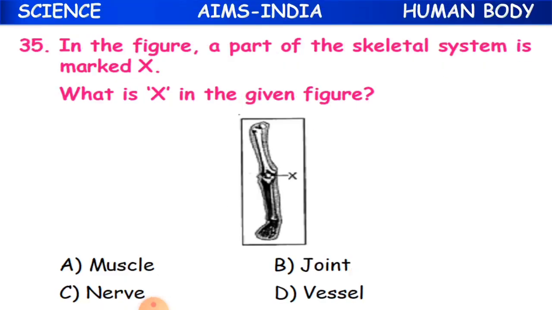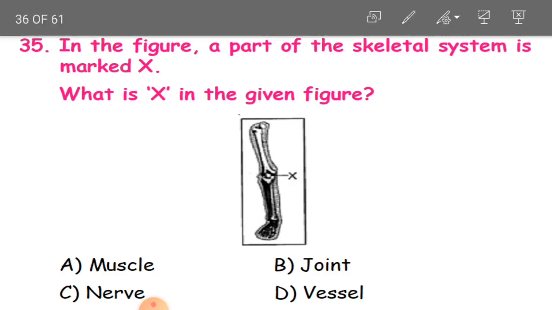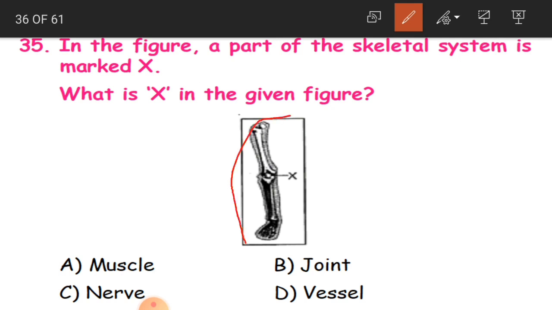Now the 35th question. In the figure, a part of the skeletal system is marked X. What is X in the given figure? See children, here in the picture you can see this part is marked as X. So what is this X?